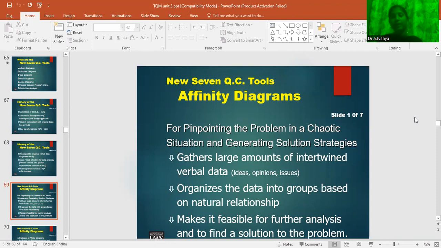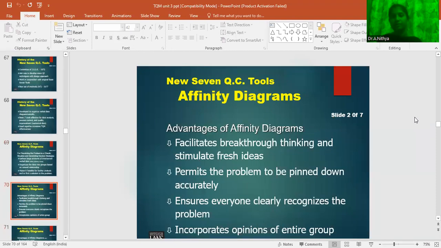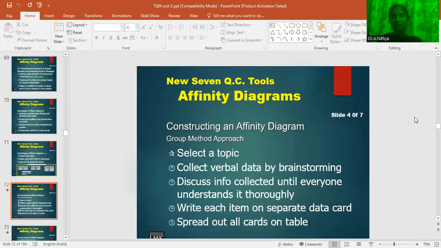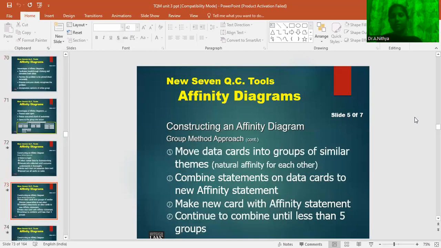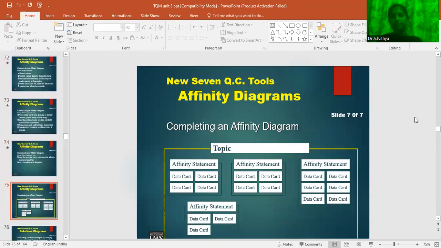So here we collect verbal expressions, that is ideas, opinions, observations, then classify and organize according to the relationship between individual ideas. So this is also like a brainstorming session. Likewise, in a brainstorming session, different ideas are classified under each topic.